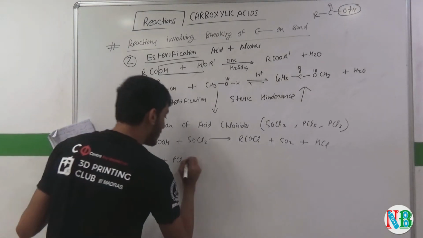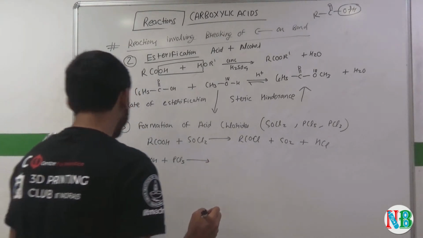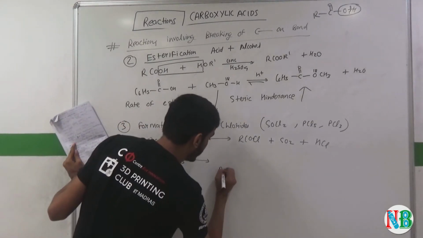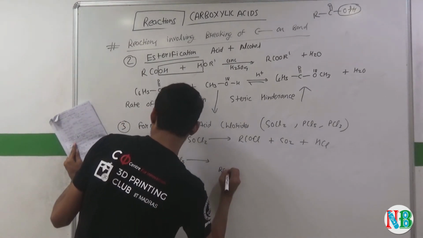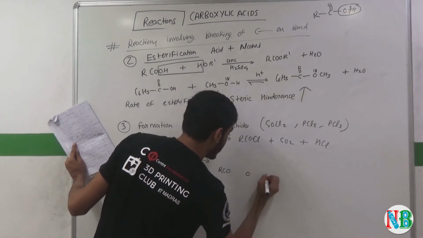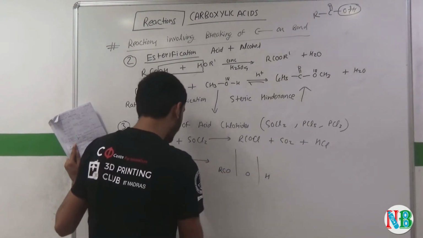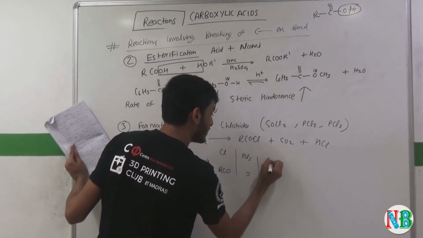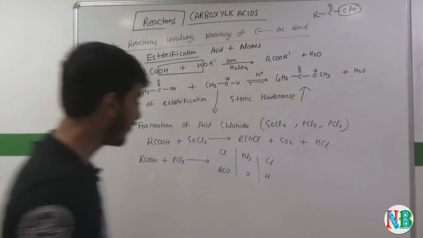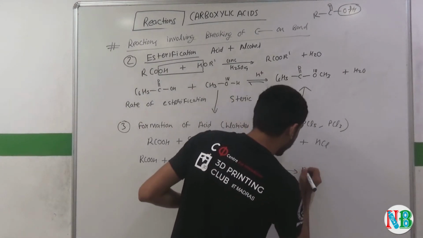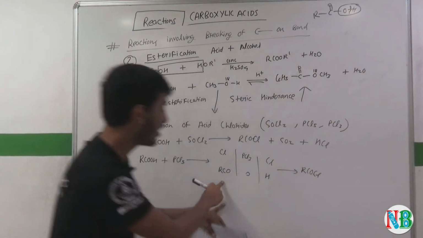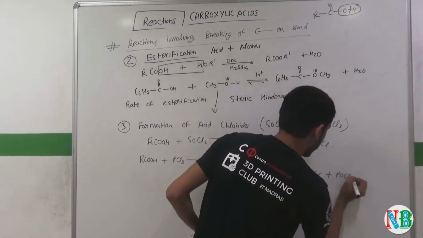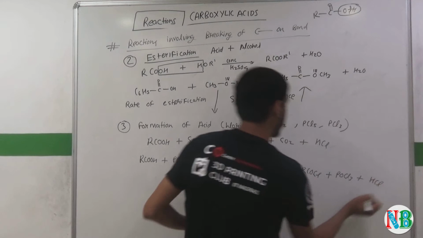The trick is to write these parts like RCO, then an oxygen and a hydrogen, and this PCl3, a Cl over here, a Cl over here. So it will ultimately form RCOCl, POCl3 plus HCl.